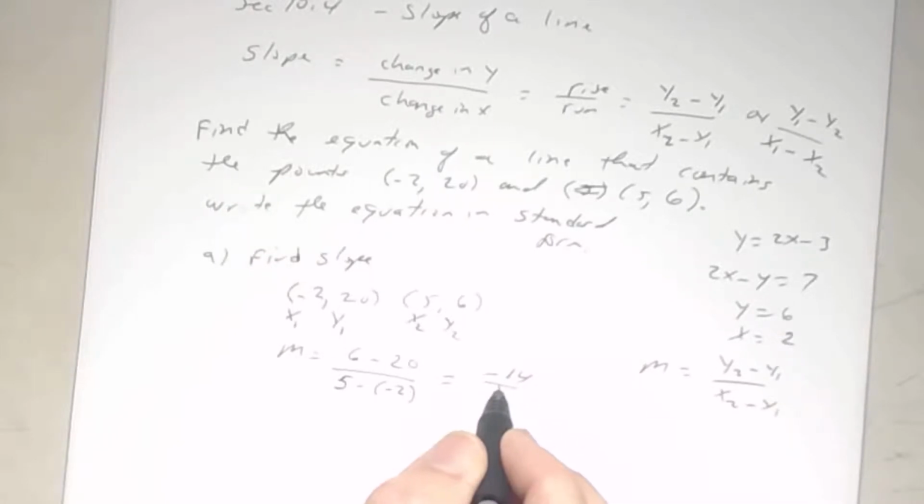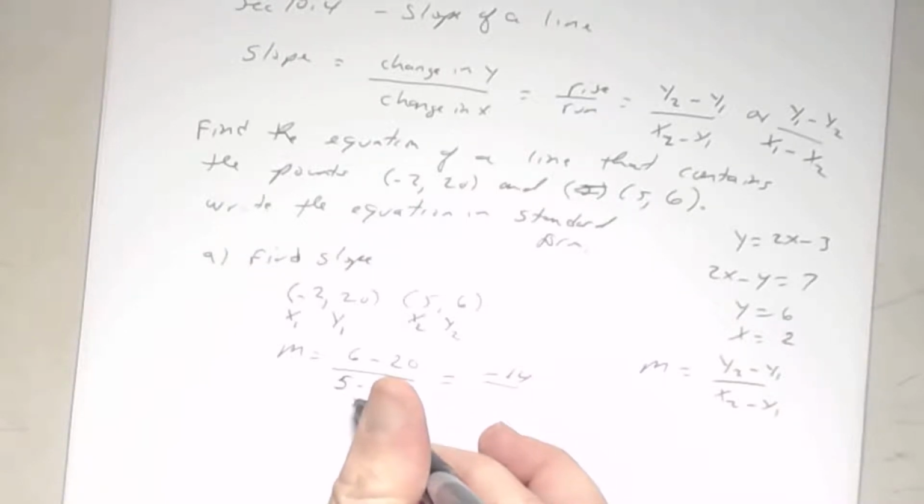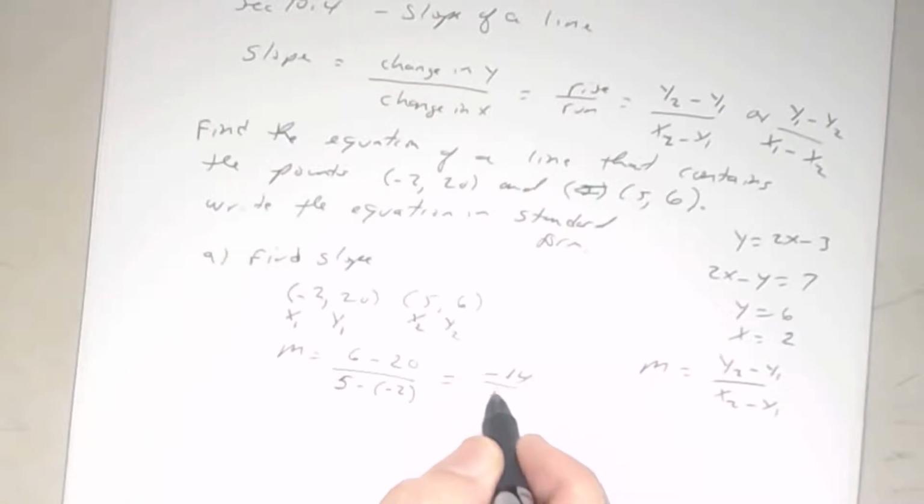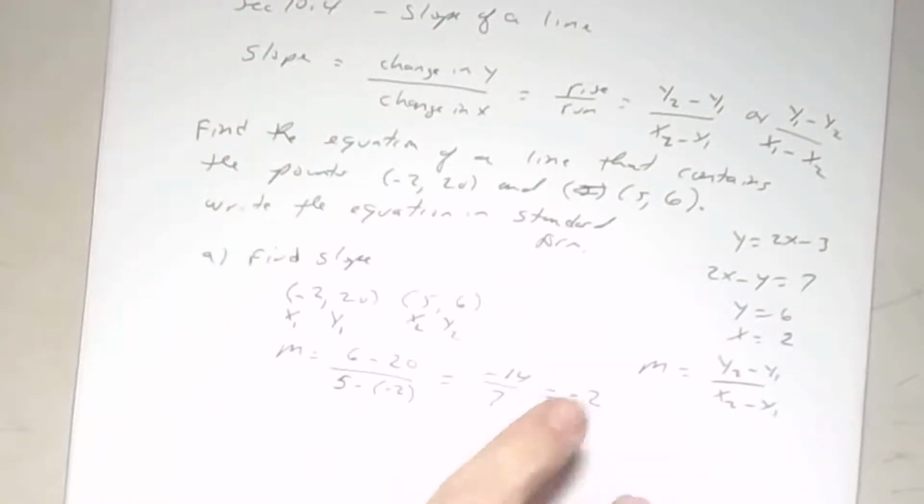What's the denominator? 7. 5 minus -2: remember, to change subtraction to addition, you add the opposite. That's 5 plus 2, so that's 7, right? And then reduce, you get what? Okay, yeah. So your slope for this problem will be an integer, which makes the rest of it fairly easy to deal with.